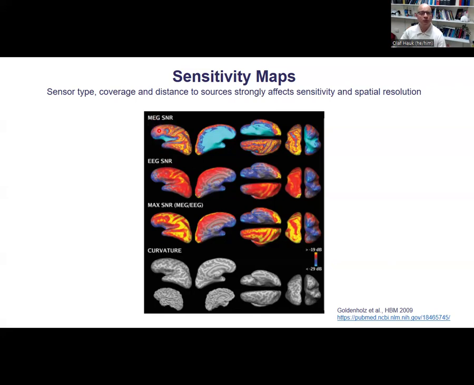So you can see some of these blue stripes here, even when it looks close to the sensors. And this is because these are probably the tips of the gyri. So here you see the curvature of the cortex. That means these sources are radial, so they point towards the sensors. And the head is not a complete sphere.